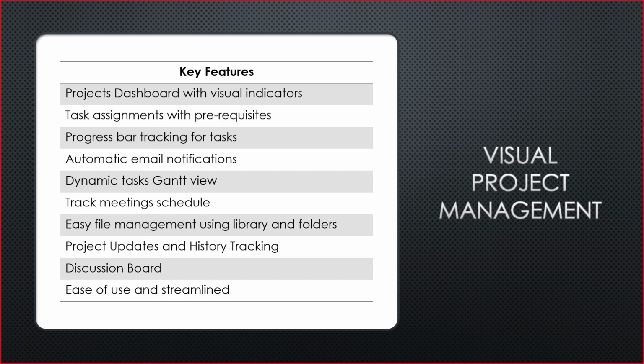That is the heart of any good project management tool: the manner in which we're able to manage tasks. We need to assign tasks. We need to be able to update tasks. And also, we have to keep in mind things like prerequisites. It may be that a task cannot begin until another task takes place. We want to have automated email notifications.